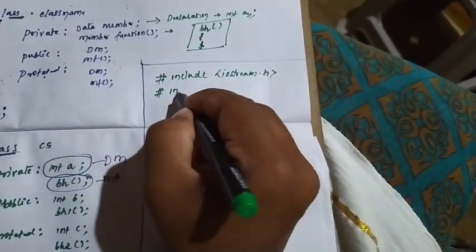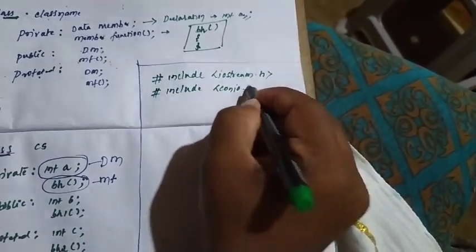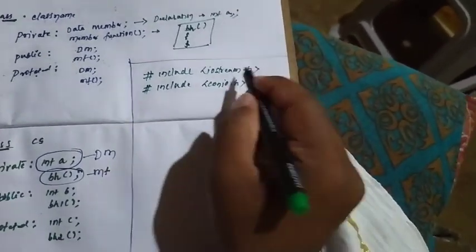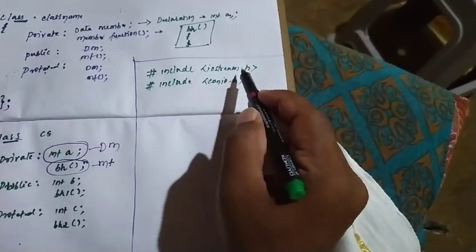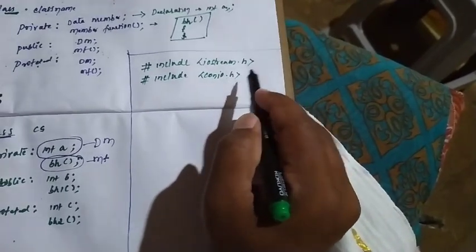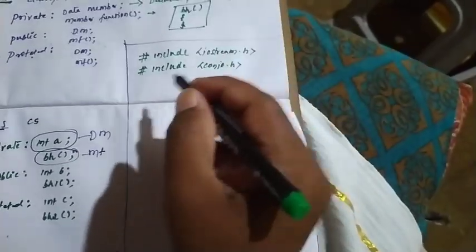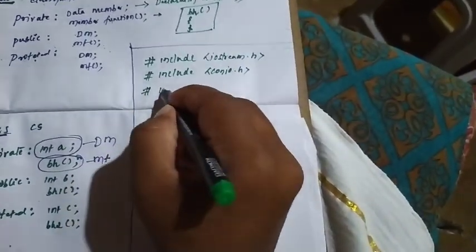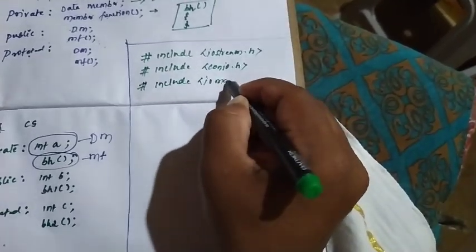Second one: hash include conio dot h. These two are compulsory because iostream executes the basic console input output, and conio executes getch, putch and so on. If you are using setw, setprecision and so on, then your program is supposed to declare iomanip.h.